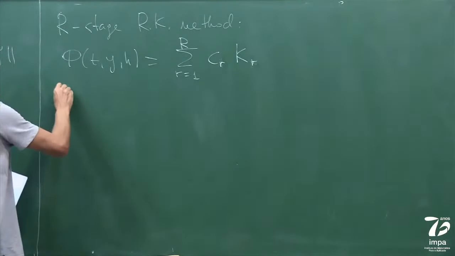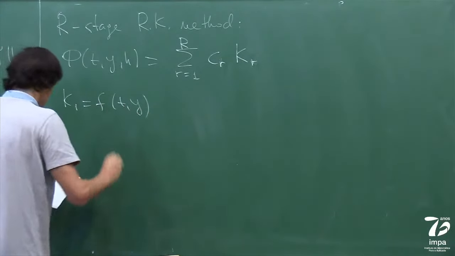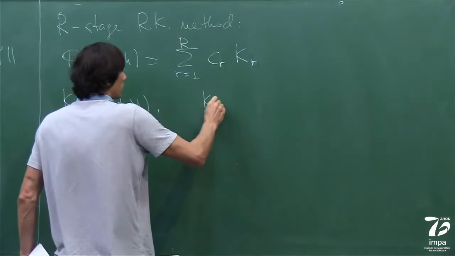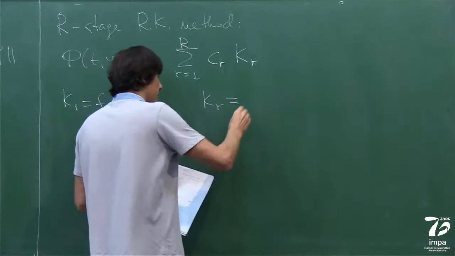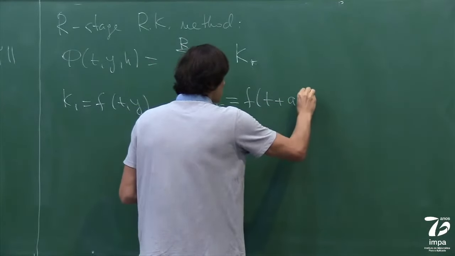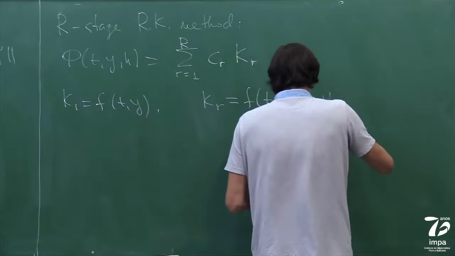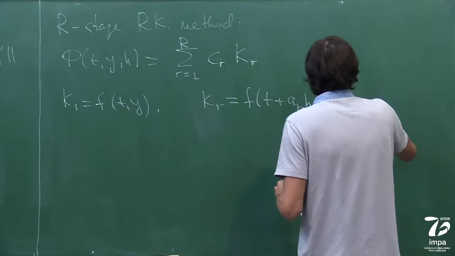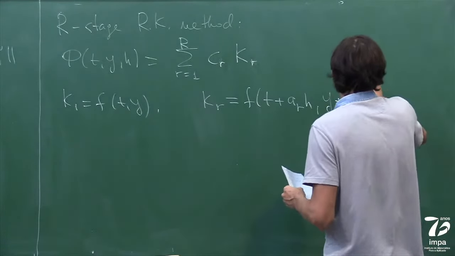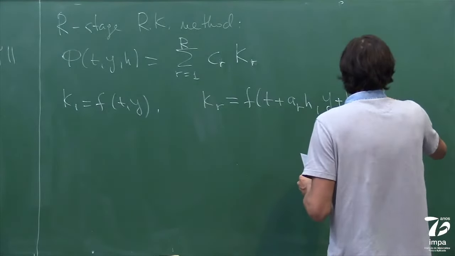Where k_r is exactly what is linked to the function. So k_1 is the original function, always. And then the general k_r is a function computed at a certain fraction of the time step, and at a point which is separated from y by h times some linear combination, with s from 1 to r minus 1 with certain coefficients.